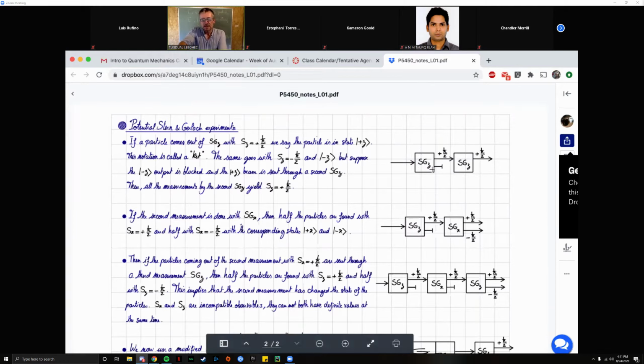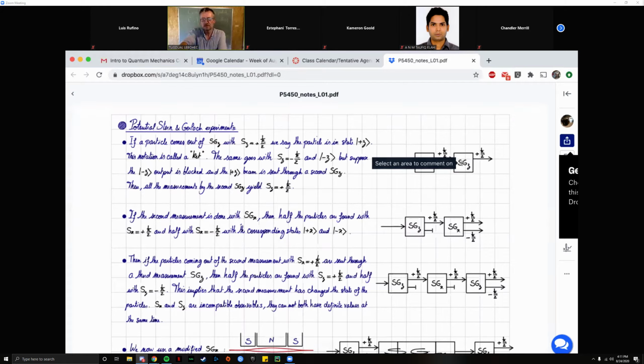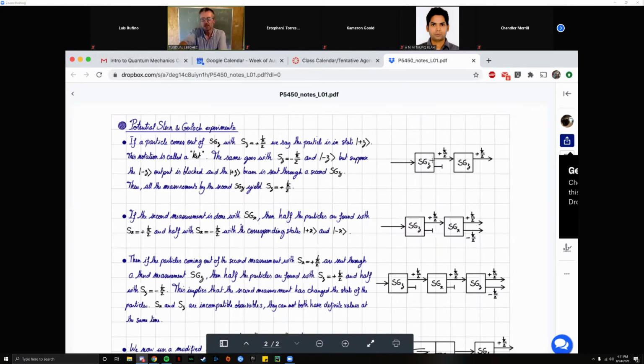Let's say the axis of the polarizer is vertical. So the vertically polarized light is going to go through, while the horizontally polarized light is not going to go through. And then if you run it through a different polarizer, let's say the same polarizer pointing along the z-axis, then the light that went through the first one is going to go through the second one as well.